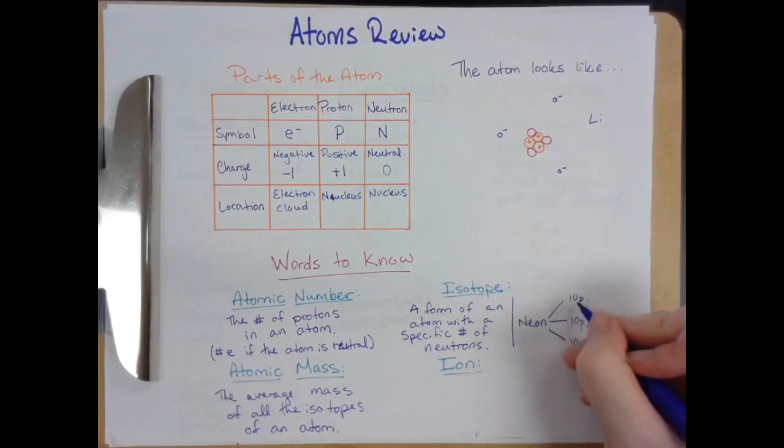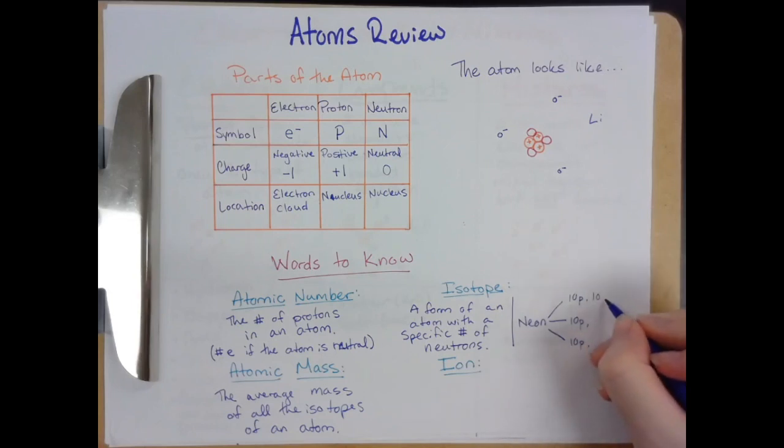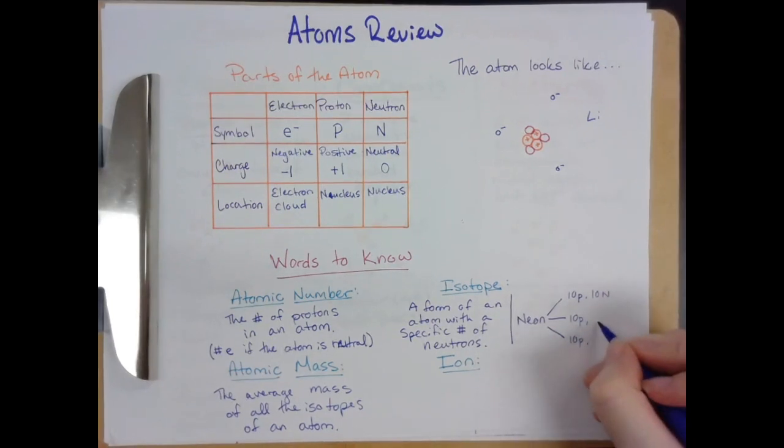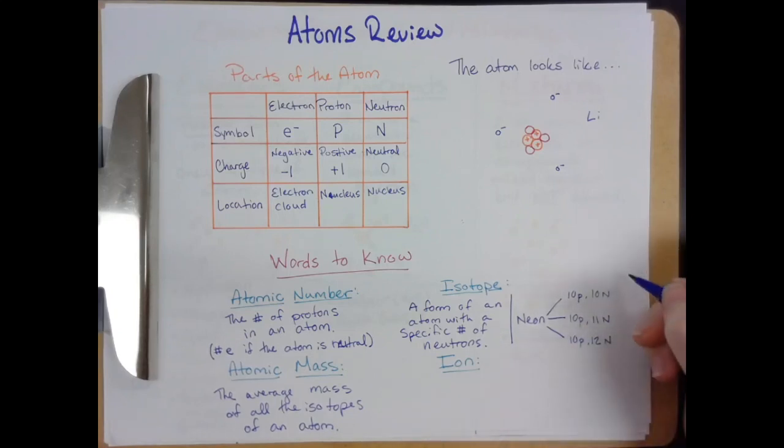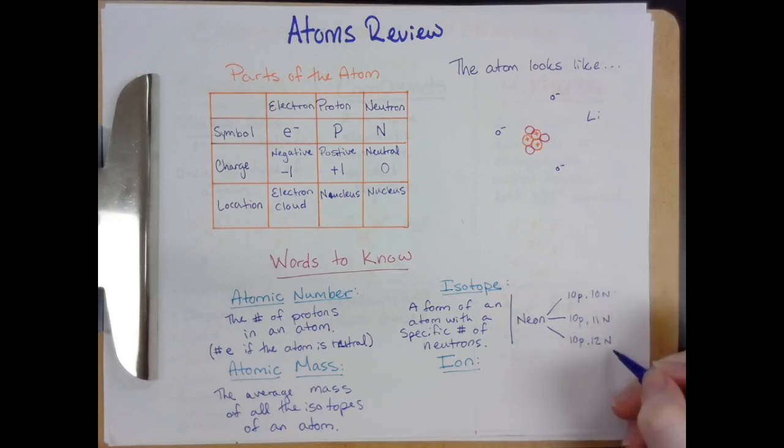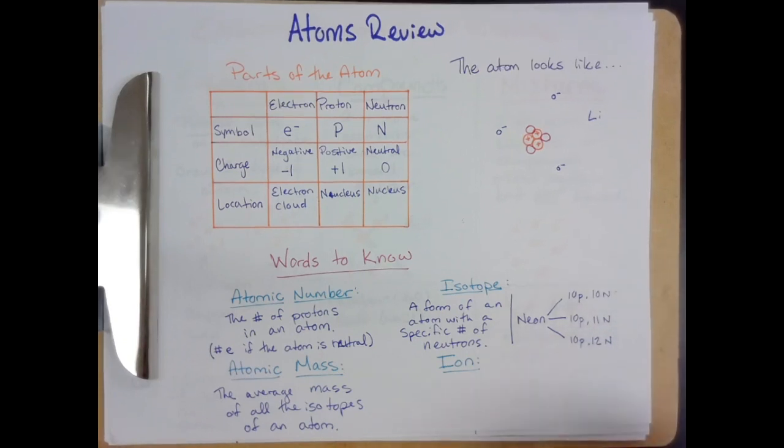But one of the forms of neon has 10 neutrons, one of them has 11 neutrons, and one of them has 12 neutrons. So we say that there are 3 isotopes of neon because there are 3 forms of neon, and each one has a different number of neutrons.